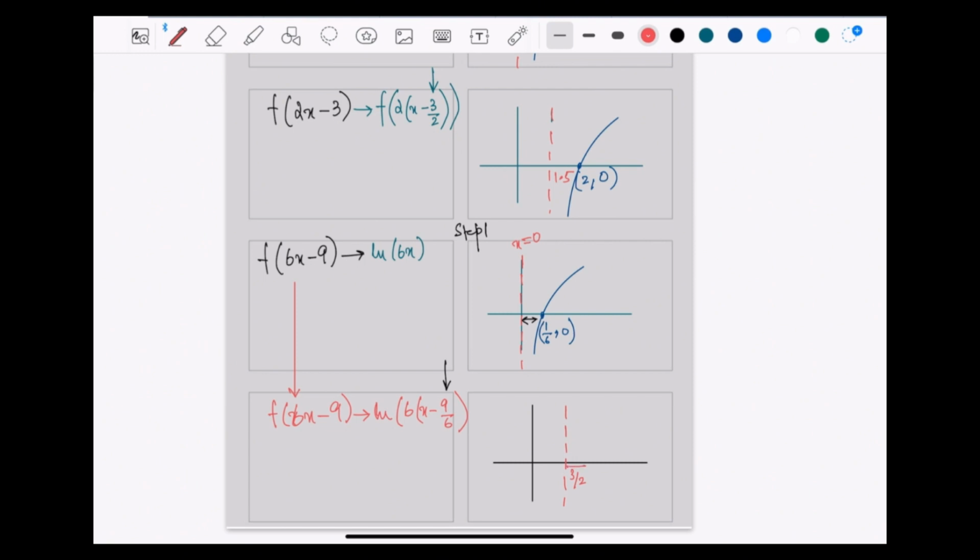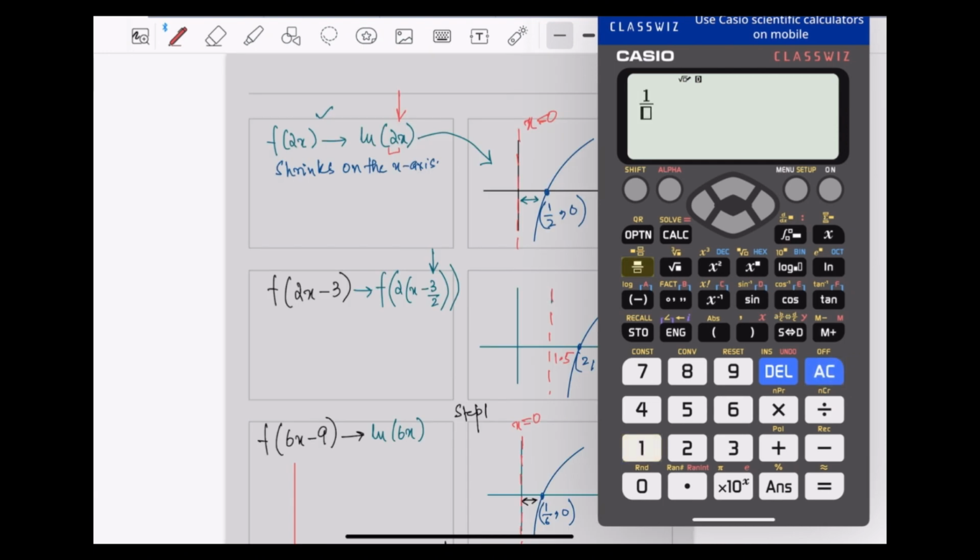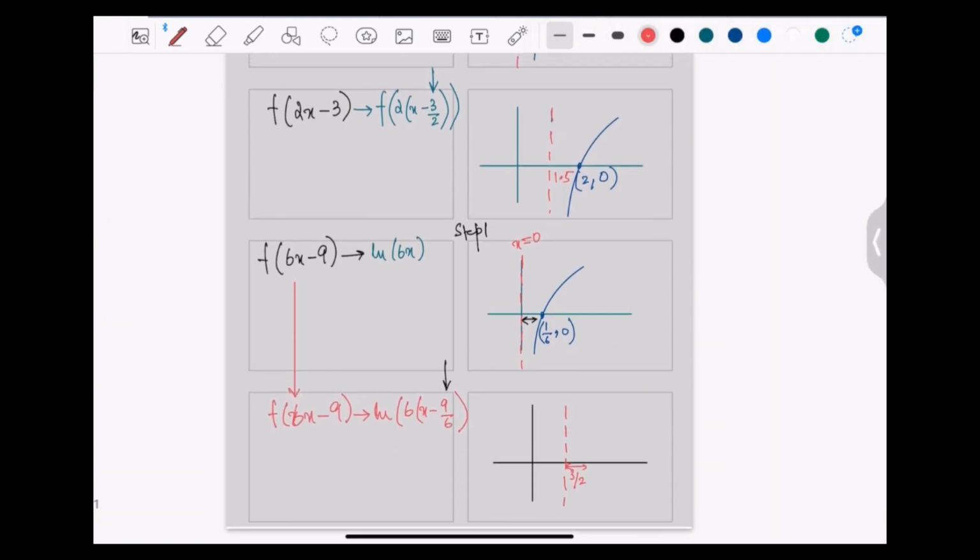And 1 over 6 ahead of that, so plus, gives you 5 over 3. So this point here is going to be 5 over 3, 0. The domain is x greater than 3 over 2. The range is y belongs to real number.